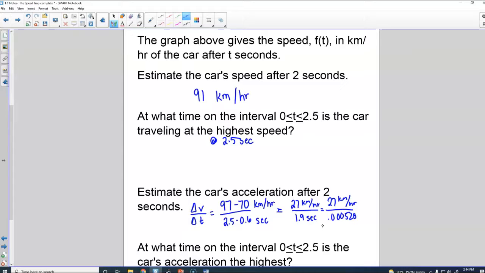Okay, I take it back. We don't want kilometers per hour. Sorry, I should have said. We want meters per second, because that is what our g-force is measured in.